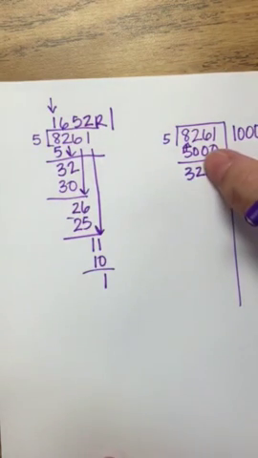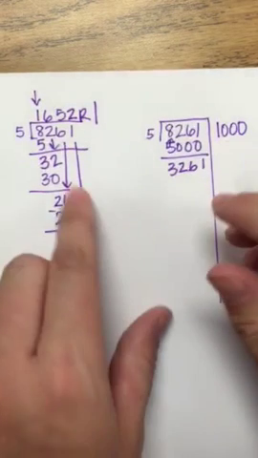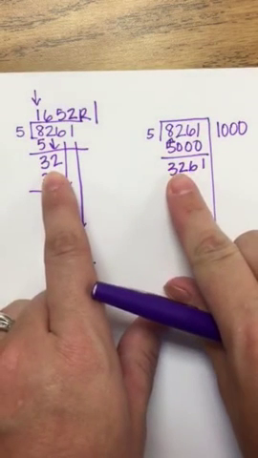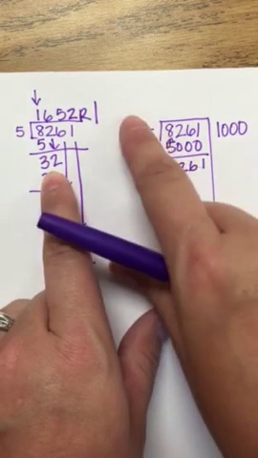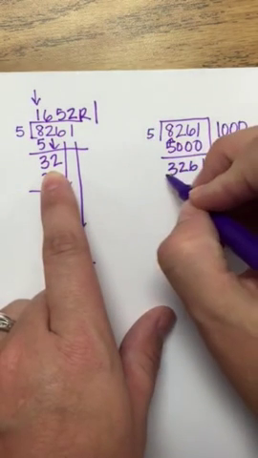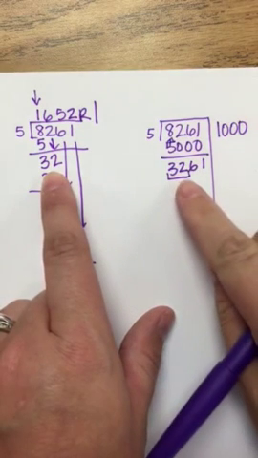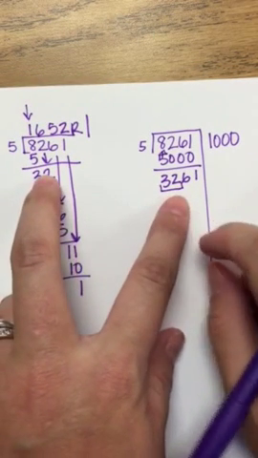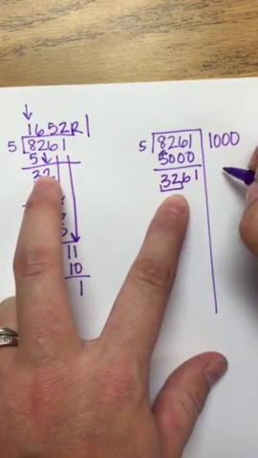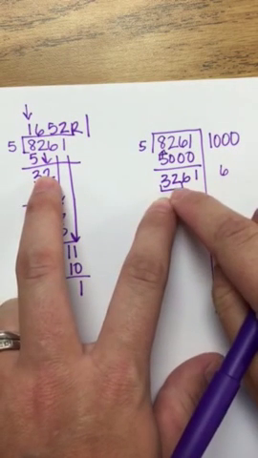So now, here you're looking at the 32, and I'm looking at 3,200 because I know that I can't take another 1,000 and put it in each group, so I'm going to look at the hundreds now. So here's my 32, and here's the standard 32. So 5 goes into 32 6 times, but this isn't a 32.